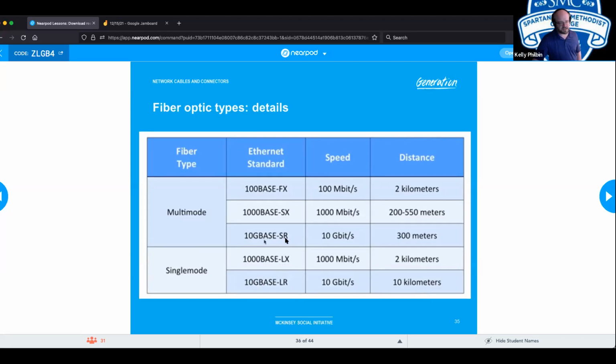LX, what is it? Long extended. So just remember the L's will give you the long distance ones. Your short distance, you have SX, SR, and FX. So multi-mode, shorter distances between 300 meters to 2 kilometers, single mode, 2 kilometers to 10 kilometers.